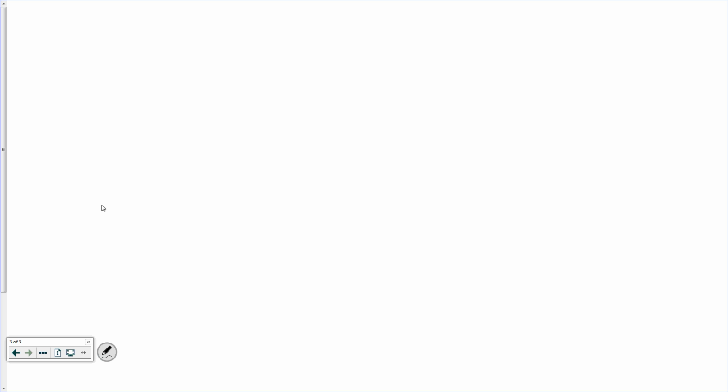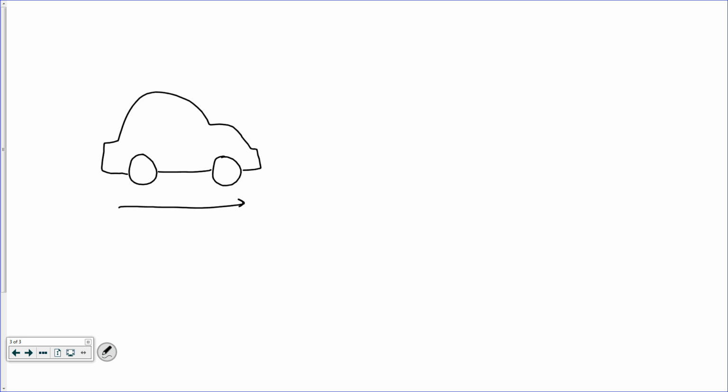Here's another example. Imagine that I have a really poorly drawn car. I'm really good at drawing very poorly drawn cars. This car is moving to the right at, I don't know, 55 miles per hour. At a later time, I want this car to be over here, and I want this car to be stopped.